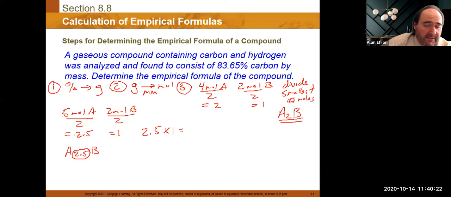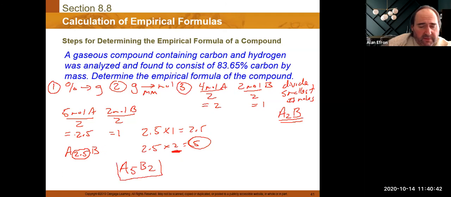2.5 times 1 gives me 2.5. 2.5 times 2 gives me 5. So that would be a whole number. What that means is I would want to multiply my empirical formula by 2, not just the A here, but everybody. And that would give me A5B2 as my correct empirical formula.